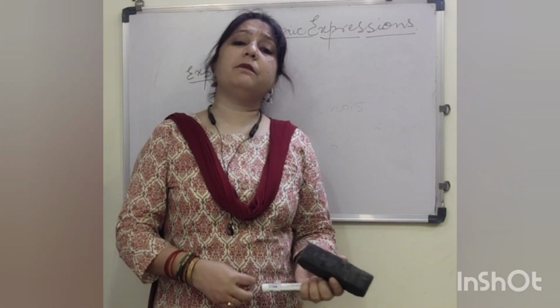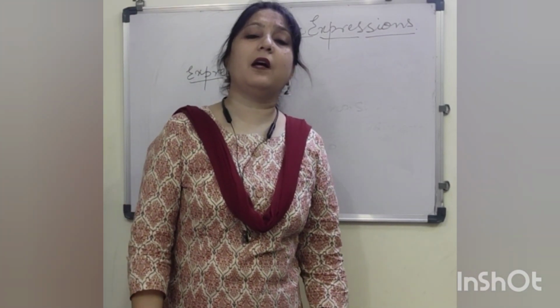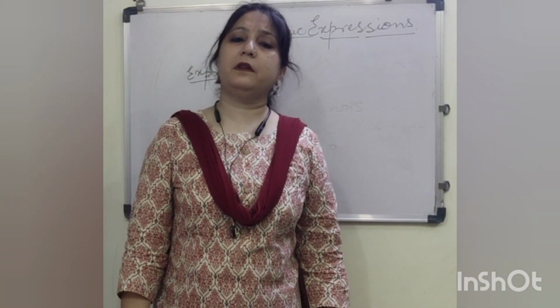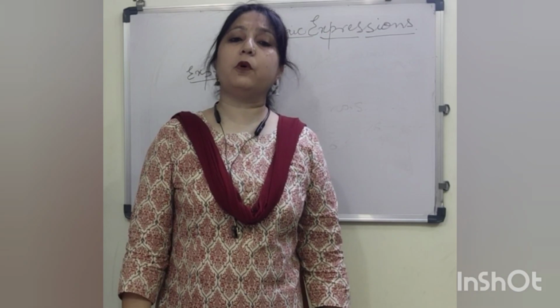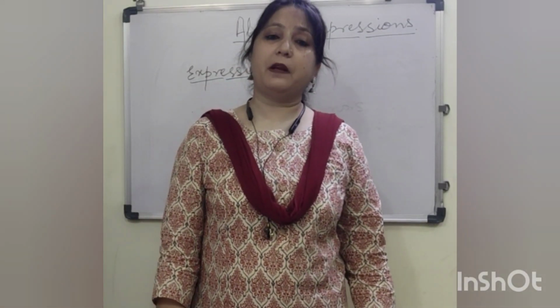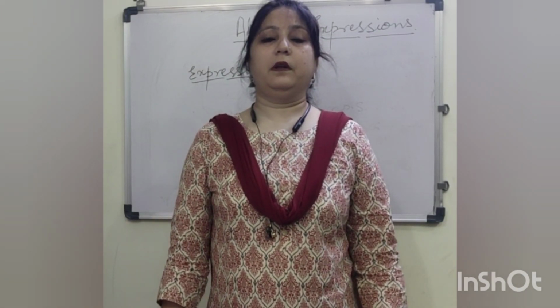Expressions are formed with the help of constants and variables along with four basic mathematical operations. And you know what are the four basic mathematical operations? Addition, subtraction, multiplication, division. Am I clear?